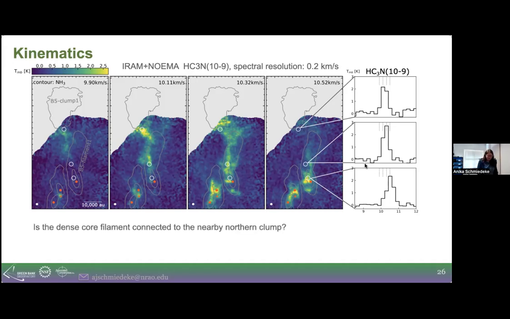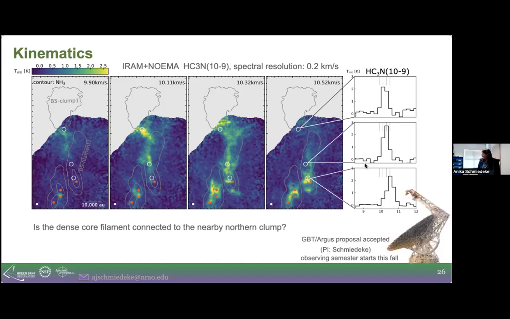So we applied, and we're lucky to have gotten GBT time to follow this region up with Argus, and we are going to check if this gas actually comes from this northern clump. So if there's a connection between the northern clump feeding into the filaments or moving more material into the denser region. And we will get a lot better spectral resolution, so we can then look at velocity fields.